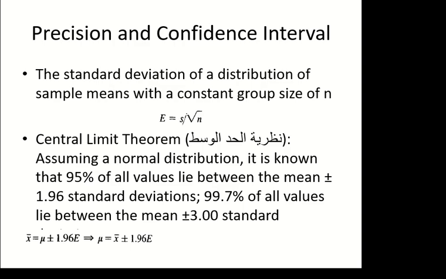Okay, another thing related to the data: when you get the standard deviation of the data, it tells you how much variation is within the data itself. Now my data is not the only data which is available.